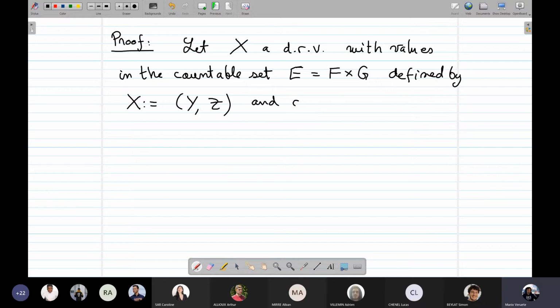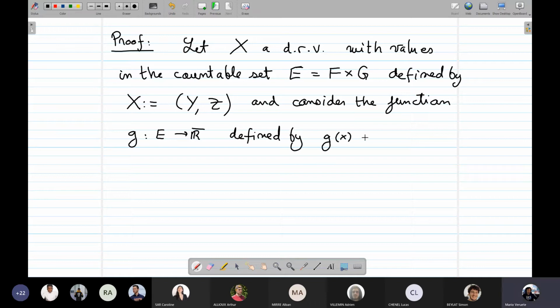And consider the function g that goes from E to R bar, defined by g of x is simply the product of v of y times w of z, where x is the couple yz.